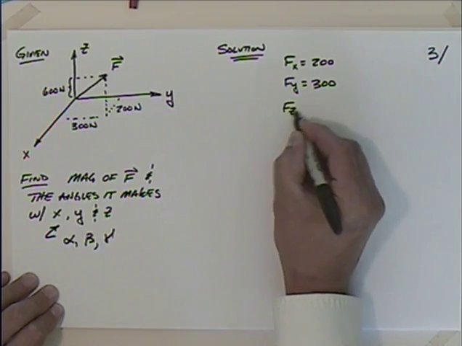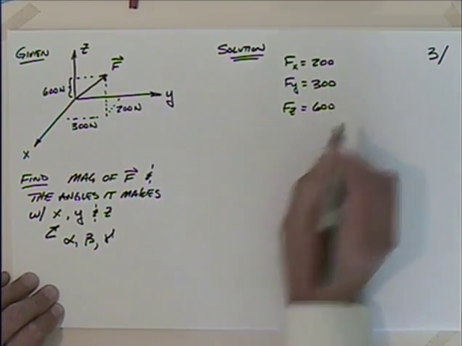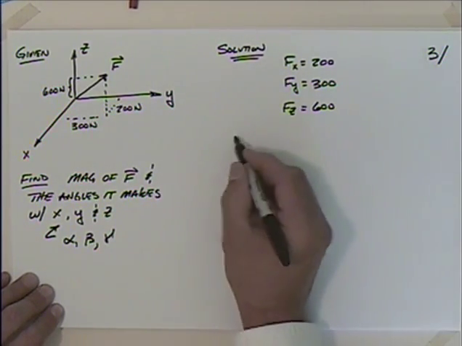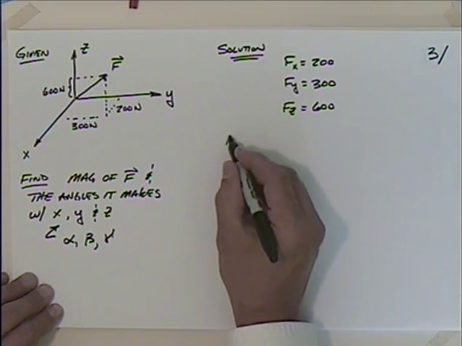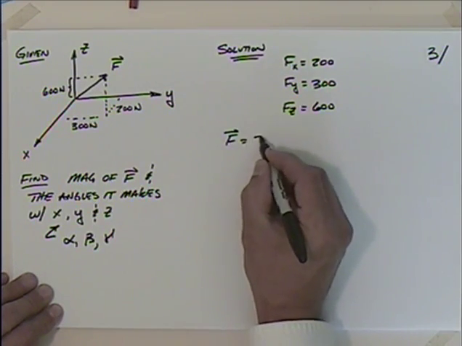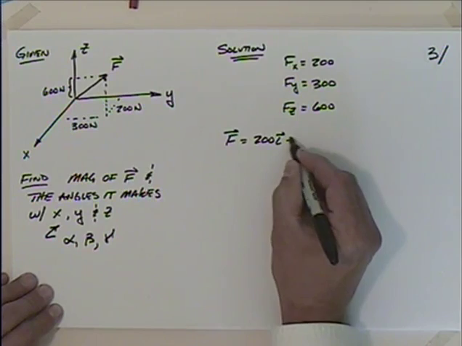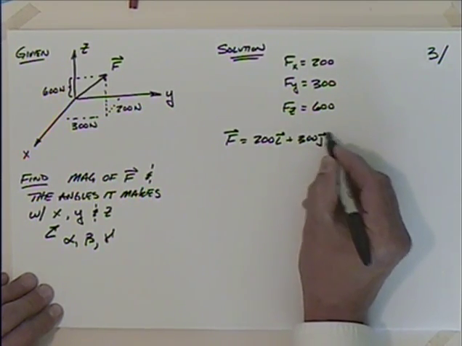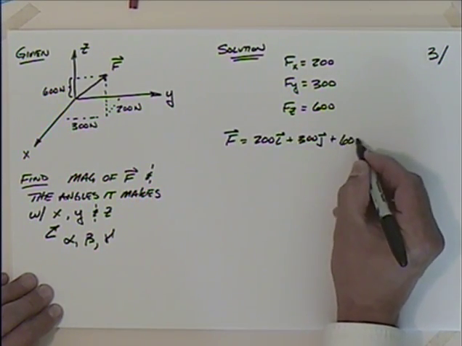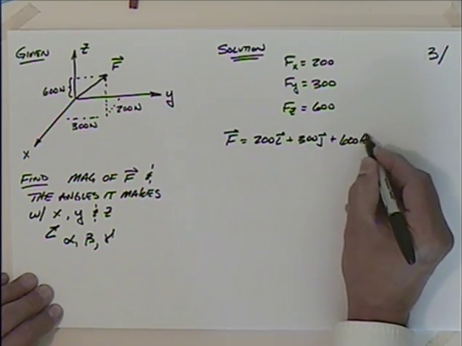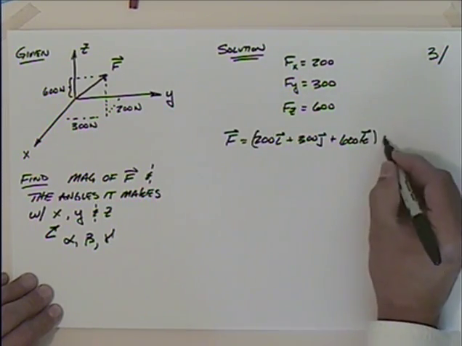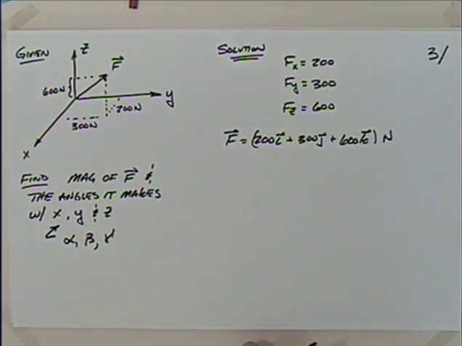And Fz, that's 600 newtons. So I could say if I wanted to write F in Cartesian form, it's really 200 in the i direction plus 300 in the j direction plus 600 in the k direction, and that would be newtons. I don't know that we were asked for that, but that's probably a good step in clarifying our thinking.